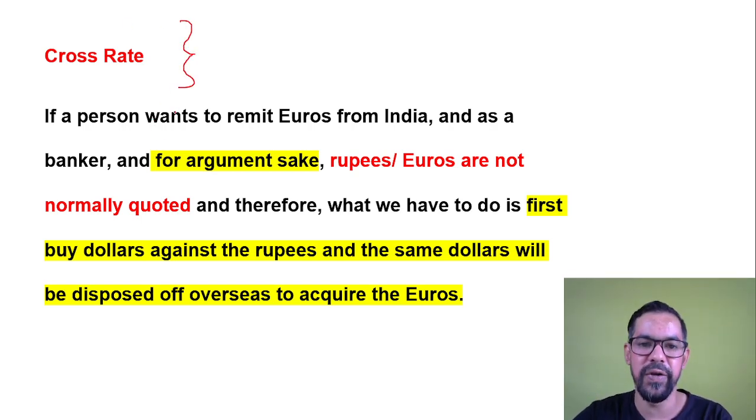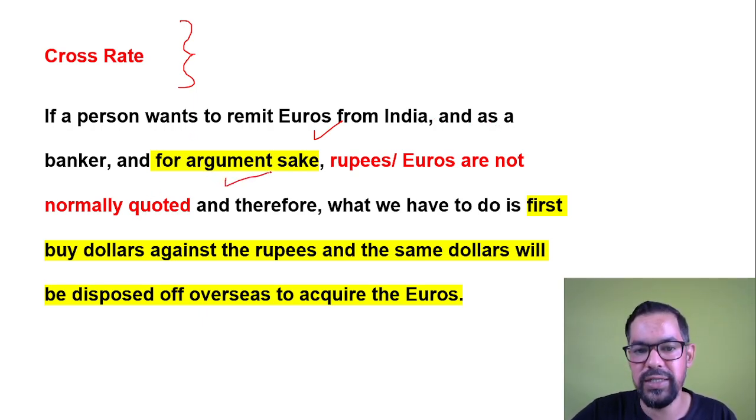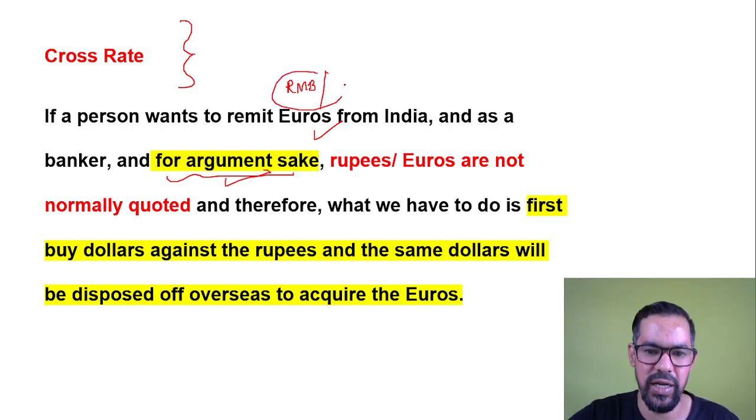We'll go through the definition, then I'll give you an example. If a person wants to remit euro from India, and as a banker, for argument's sake, for INR and euro we do have a pair, so you can consider it as a renminbi, or any other currency like baht.